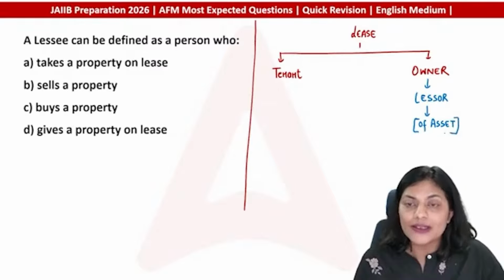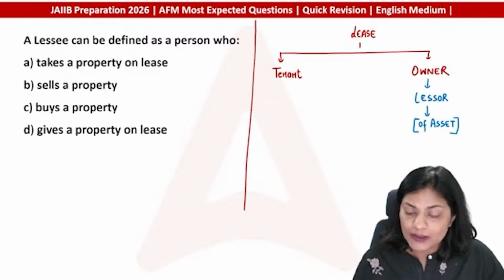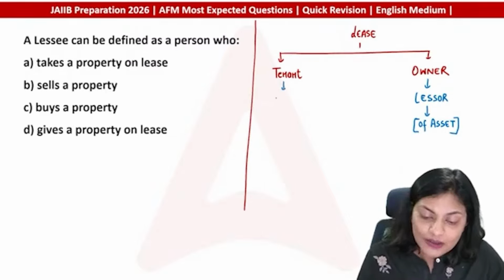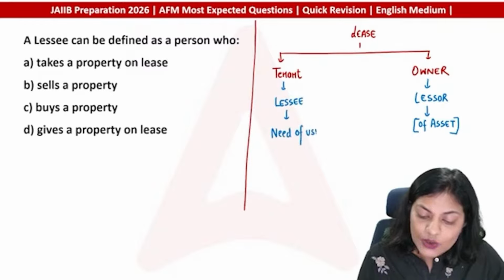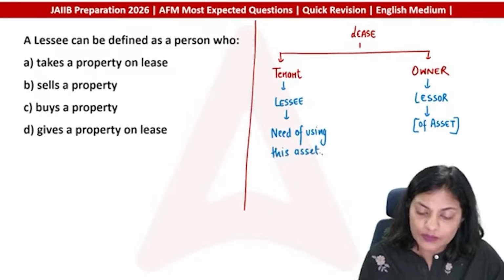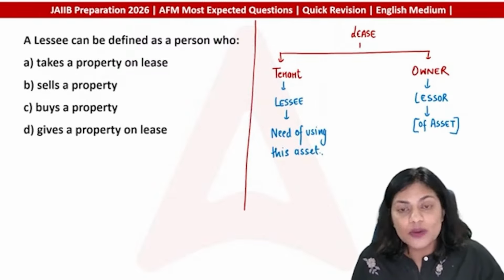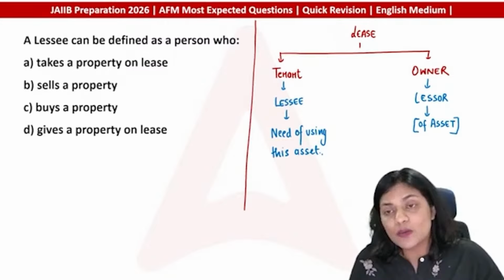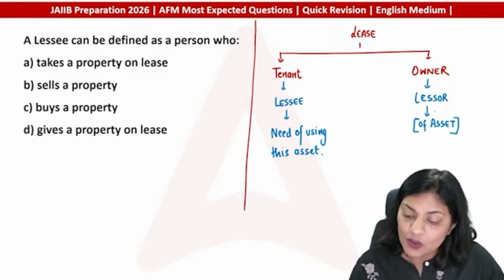And the tenant can be referred to as lessee, the one who is in need of using this asset, right? So lessee is the one who is in need of using the asset and lessor is the one who owns the asset.